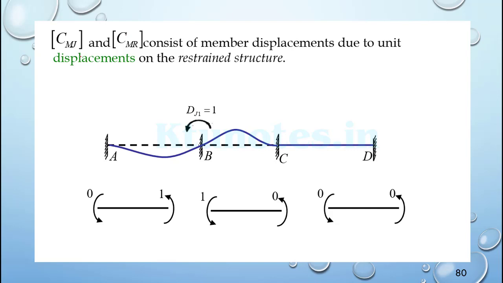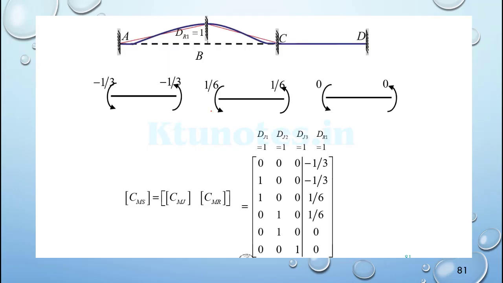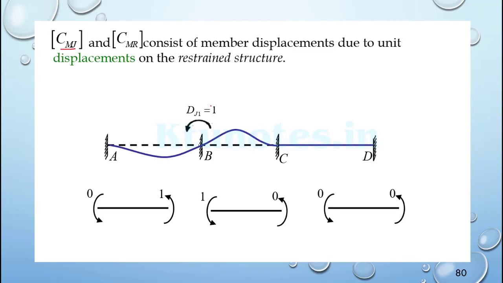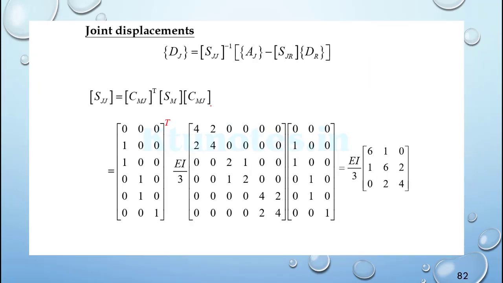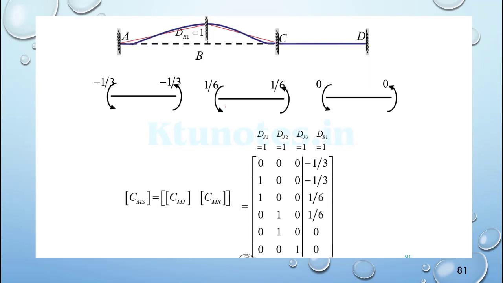The CMJ and CMR consist of member displacements due to unit displacements on the restrained structure. So to find the CMJ, you have three conditions: DJ1 equal to 1, DJ2, DJ3, and RDR1.